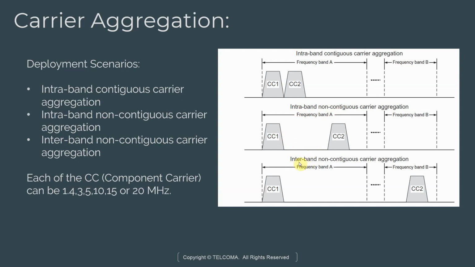And the third type is called interband non-contiguous carrier aggregation, where your component carriers are actually distributed between frequency bands, and you can still do CA, but this would be interband. And again, each of the component carriers can be any of these bandwidths: 1.4, 3, 5, 10, 15, or 20 megahertz, depending on how much spectrum you own in that market.